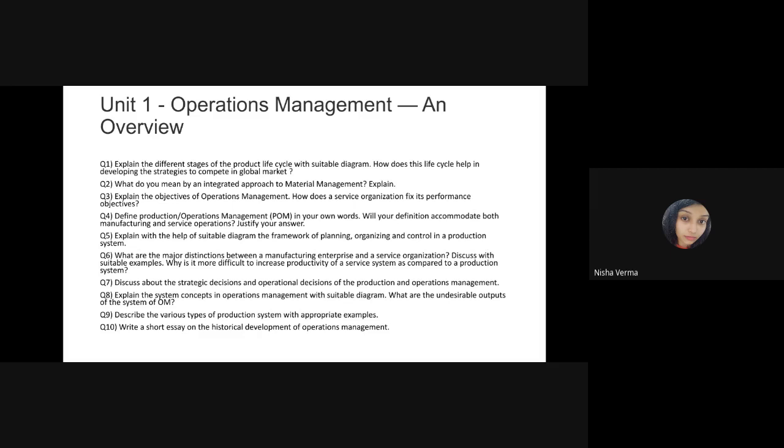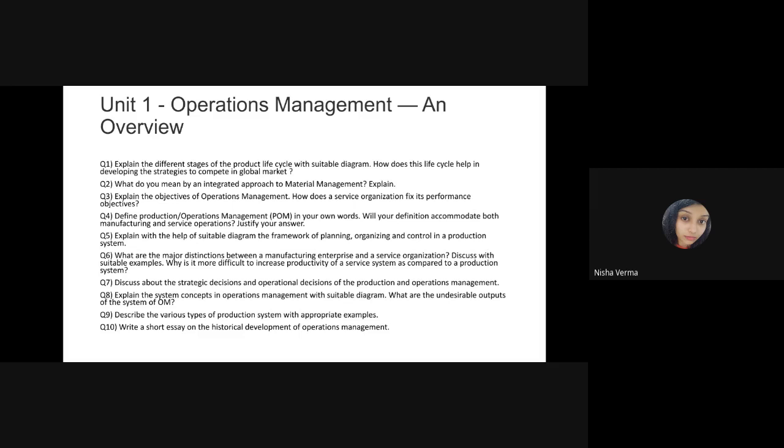If I define it properly, the process of changing inputs into outputs and thereby adding value to some entity constitutes the primary function of virtually every organization.